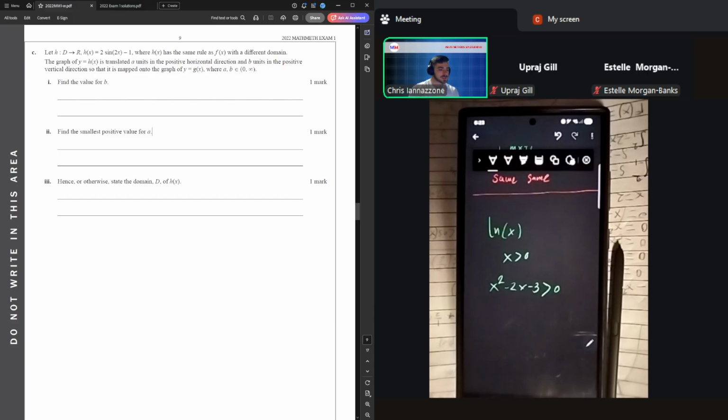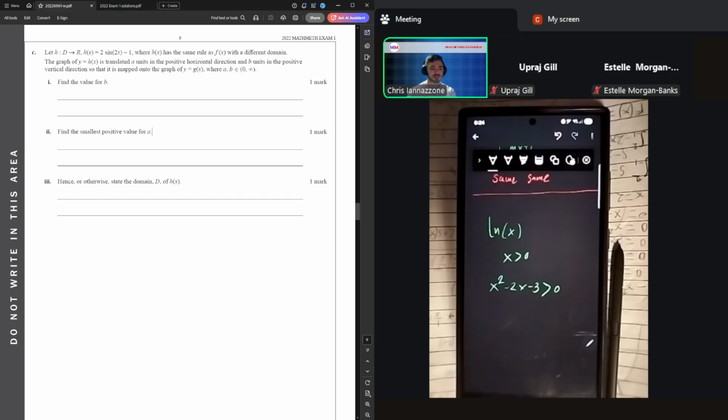This time A is the horizontal translation. So if you're imagining how you would physically grab that blue graph onto the black graph, the only thing now to consider is how far left or right you want to shift it. The only key thing you're going to have to consider here is that you have to choose the smallest positive value for A. So there is a correct answer for shifting left or right.